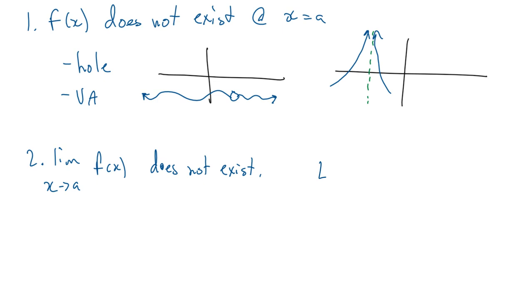So if the left-hand limit does not equal the right-hand limit, what would cause that? A jump, a break, or a jump? What else? Vertical asymptote as well.